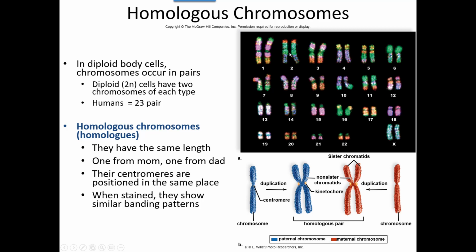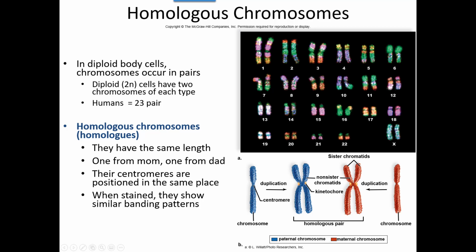And one of them came from mom, so the information on your hair color, some information came from mom, some information came from dad. The information that controls the different traits, such as hair color, is found in the same location on those chromosomes. So these chromosomes are carrying the same kind of information, hair color, or maybe eye color or height, or some other feature. There might be some differences, yes, but they're controlling that same type of information.